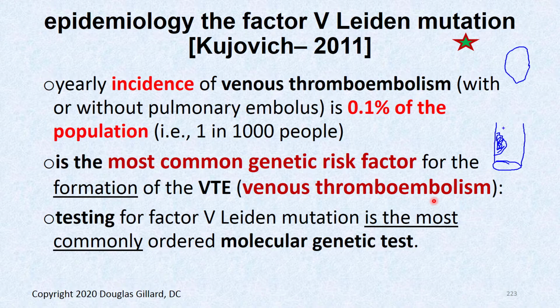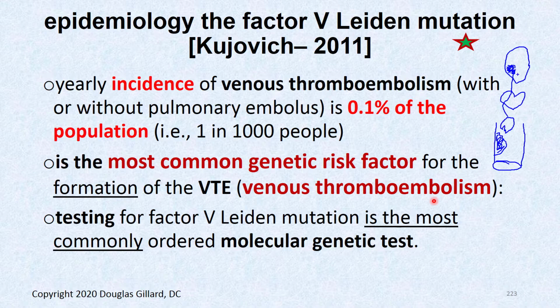The danger is a piece of it breaks loose, and there's the heart. It goes through the heart, and it gets stuck somewhere in the pulmonary artery circulation of the lung. And if it stops just right, any piece of lung tissue that artery supplied is going to die.